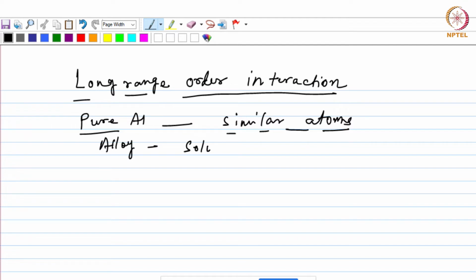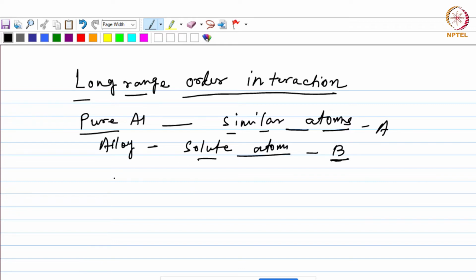That's the solute atom. So if you call that A and this one B, then depending on how B is arranged with respect to A, you can have either an ordered solid solution or a random solid solution. If the ordering prevails over a short range, we have already seen that is called short range order.